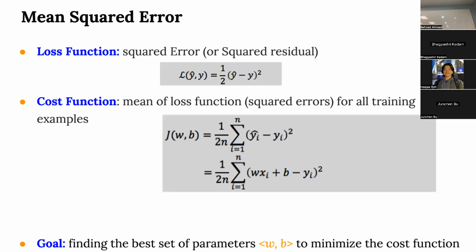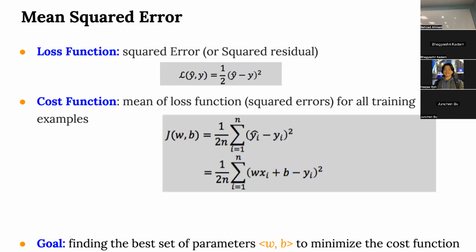Before getting into more depth here, is it clear what this function is? You have n number of points, and your goal is to find W and B. These are already your sample data: X1, Y1, X2, Y2, all the way to Xn, Yn.